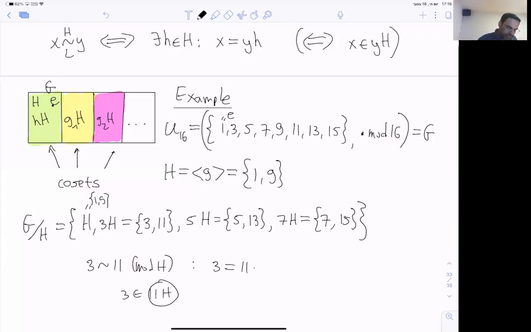It's the same coset. So there must be some element of H that differs them. And we have only 2 elements in H. It cannot be 1, so it must be 9. So I guess that 99 modulo 16 is 3.